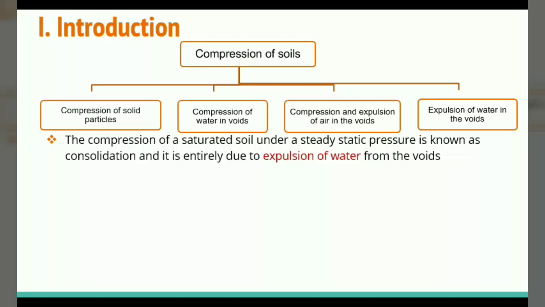So it is very important to note that during the consolidation, the decrease in the volume of soil occurs not due to the compression of solid or water, but due to the shifting of the position of the particles as the water escapes. Means when the water is escaping, the solid particles are shifting from one place to another, and that's why soil attains a closely packed state. And that's why the decrease in volume occurs.